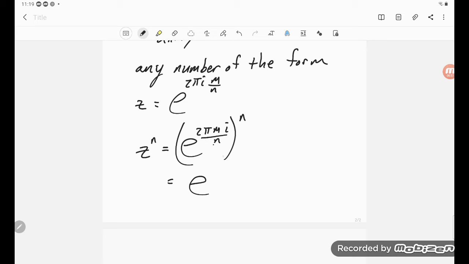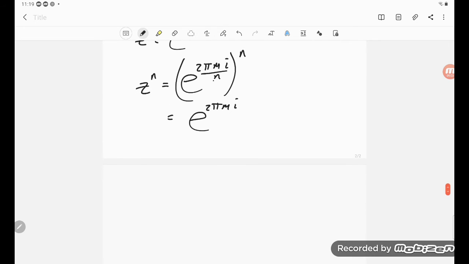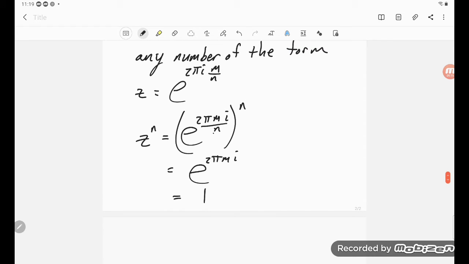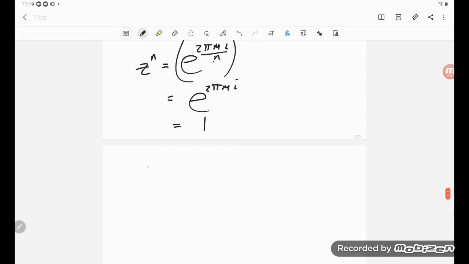So this is e to the 2 pi m i. And so you see that's just a multiple of 2 pi, and so we get 1. And so that's why it's called a root of unity. We have z to the n equals 1.